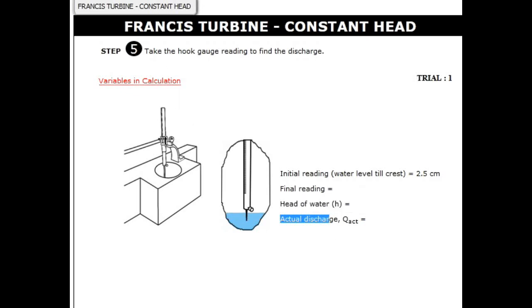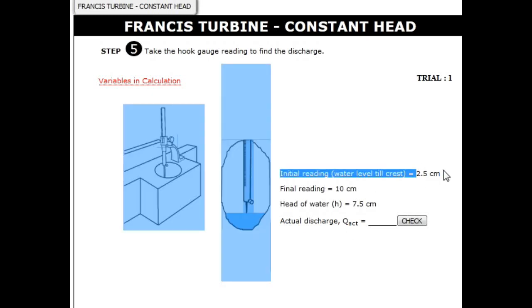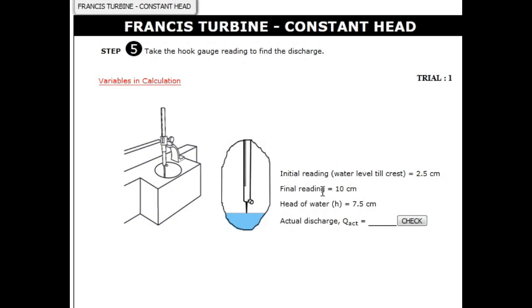Let us fix the tip of the needle to the surface level, then you get the initial reading, then if you click again, you get the final reading. Final reading is 10 centimeters. Initial reading was 2.5 centimeters. The total rise of water level in the tank is 7.5 centimeters.